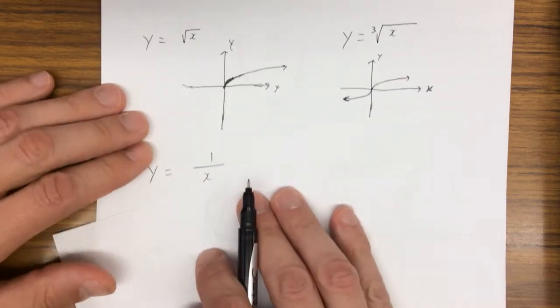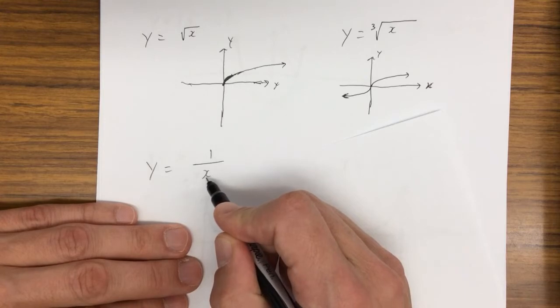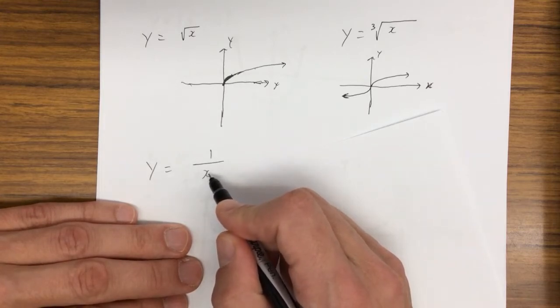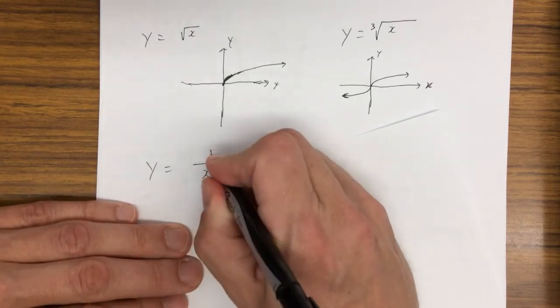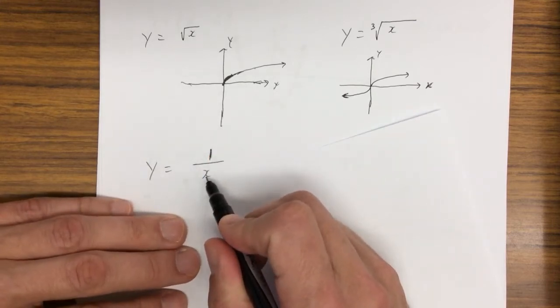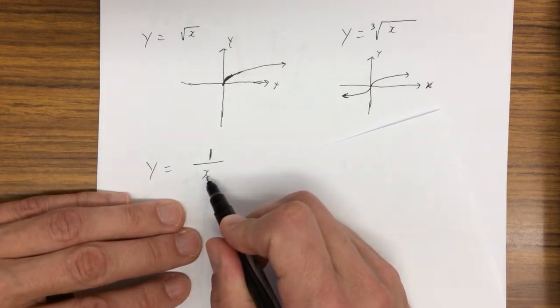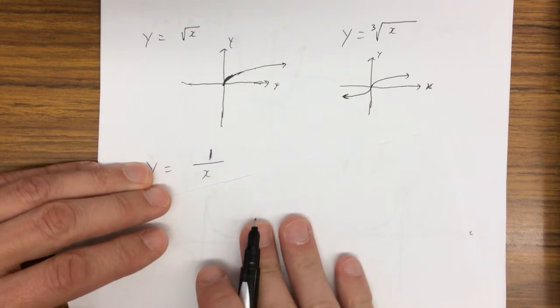1 over x, well, you can't divide by 0, so x can't be 0. So when you're looking at what this graph might look like, you're doing 1 divided by numbers that are bigger than 0, so let's look at positives. 1 divided by a really small positive number, like 0.0001, is really big. 1 divided by a really large positive number, so 1 over a million, is really small.